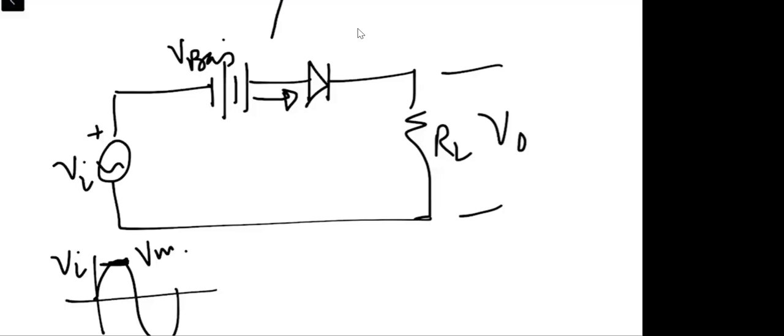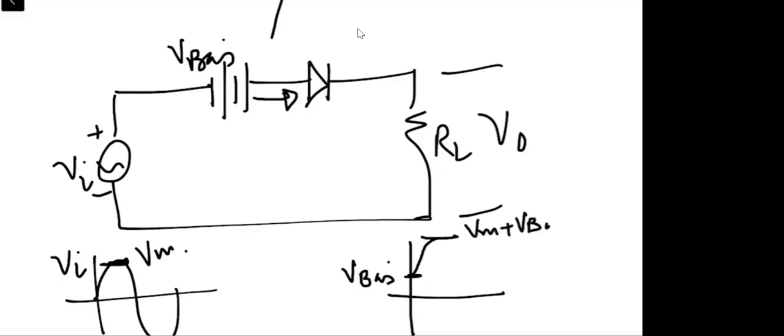As long as the positive side and the V bias are held together, the output will start from V bias, right? Then when the input rises for the positive cycle, the output rises to the value Vm plus V bias.